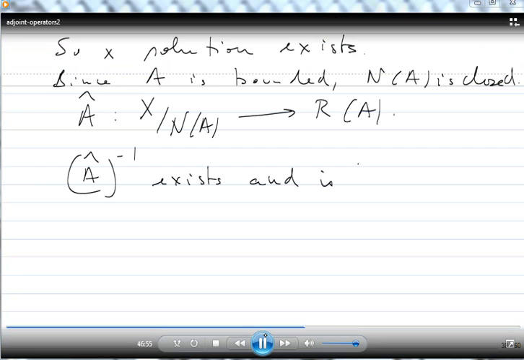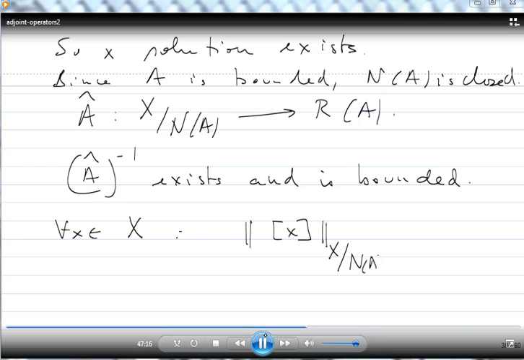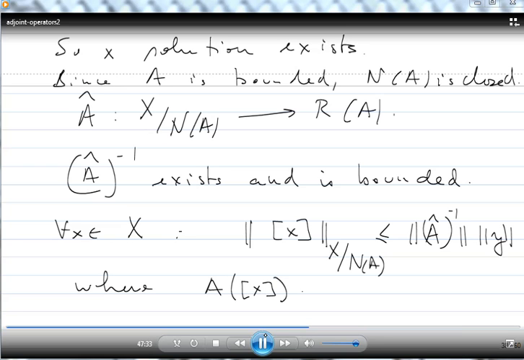So it tells us that for every x in X, the norm of the class of X in the X over N of A quotient space is less than the norm of A hat inverse times the norm of Y, where A of the class of X is equal to Y. So whenever we have that, then we have this inequality.